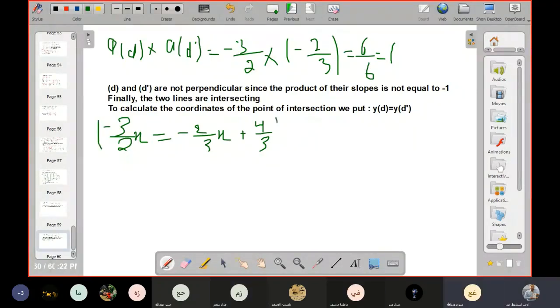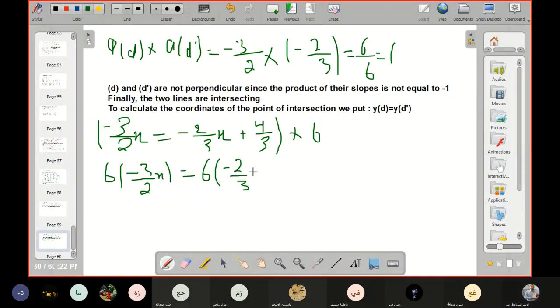We multiply all the equation, both sides and all the terms, by 6, to get rid of the fractions. So 6 into minus 3 over 2 x equals 6 into minus 2 over 3 x plus 6 into 4 over 3.